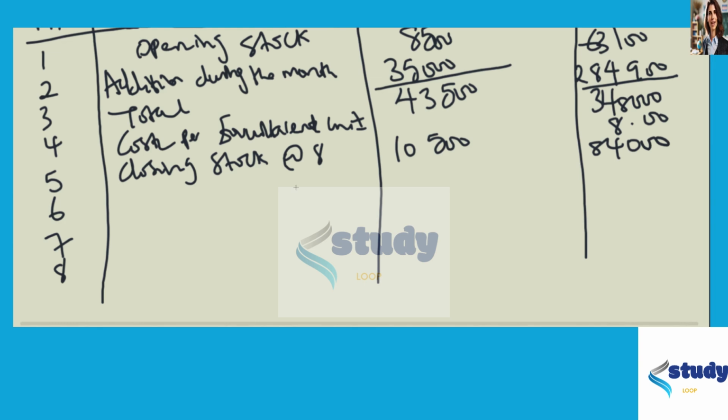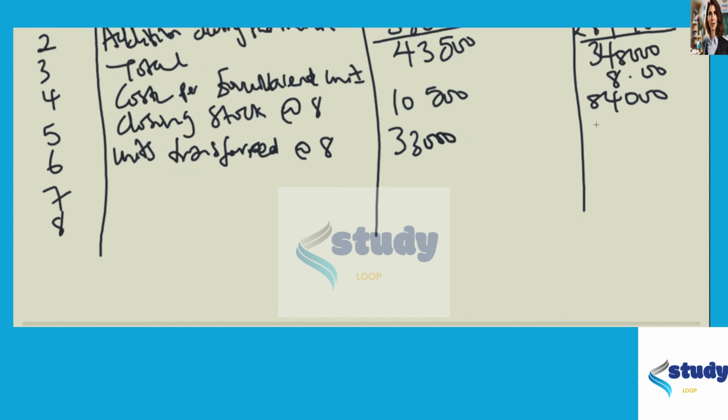And then moving on, the units transferred at 8 would be 33,000 for this and 264,000.